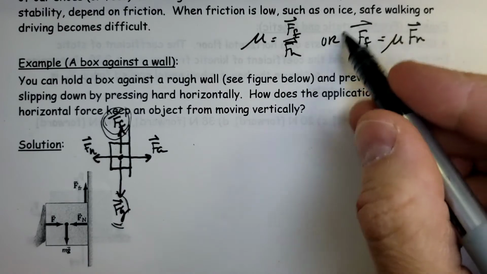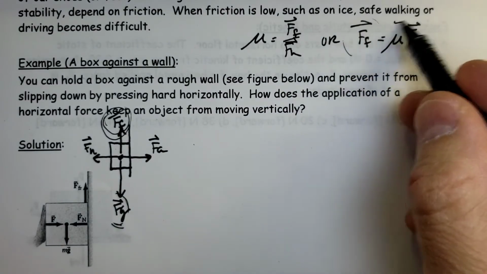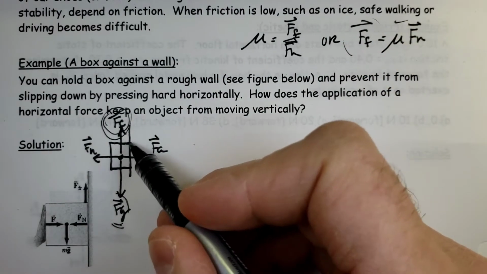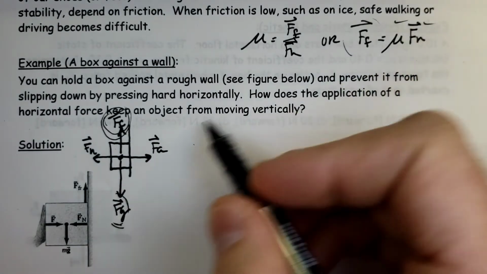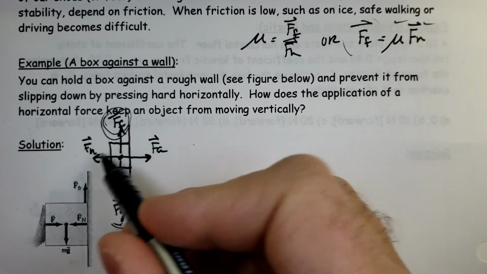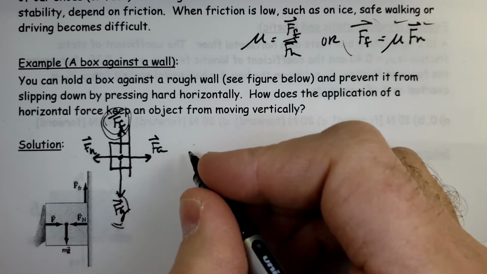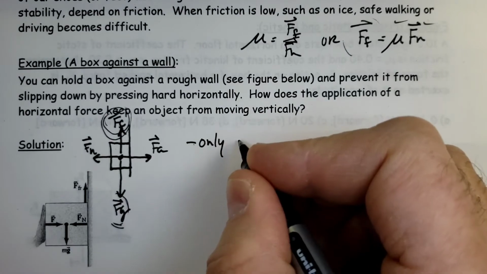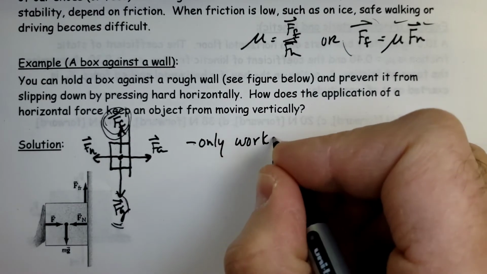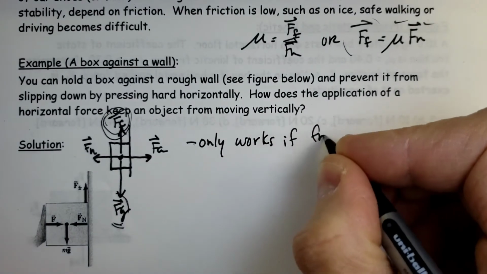Now, the force of friction depends upon these two substances, so box and wall. I can't change that, but I can change Fn, and I can change Fn by making Fa bigger. First of all, this only works if friction is present.